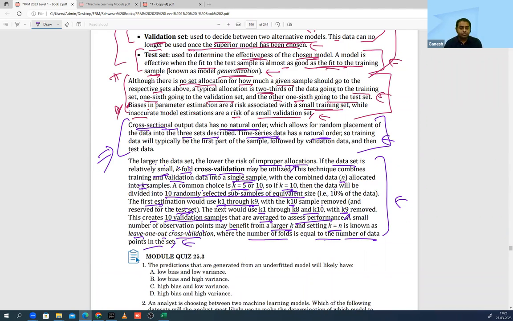Okay, I'll take a pause, read this section. Read this entire section, then we'll move toward the quiz part. One second.